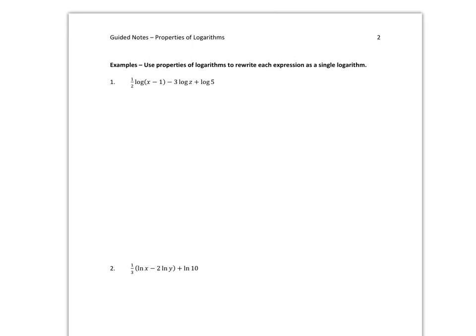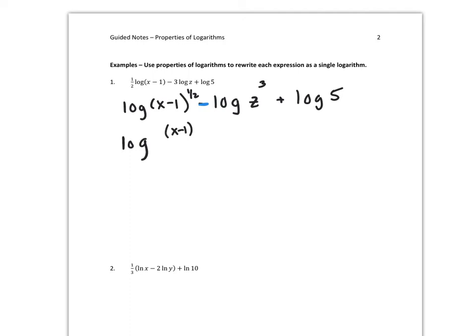Let's move this 1/2 log of x minus 1 to the 1/2. So put that 1/2 back up. Now minus log z, put that 3 back up, plus log 5. All right, minus here, that's going to be a quotient. That'll be log of x minus 1 to the 1/2 divided by z cubed.